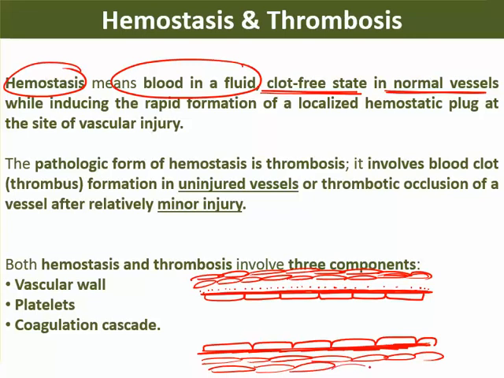This is the smooth muscle. Now the blood vessel is not damaged, the blood vessel is normal. If the blood vessel is normal, the blood should be in a fluid state. Then only can the blood circulate, right?